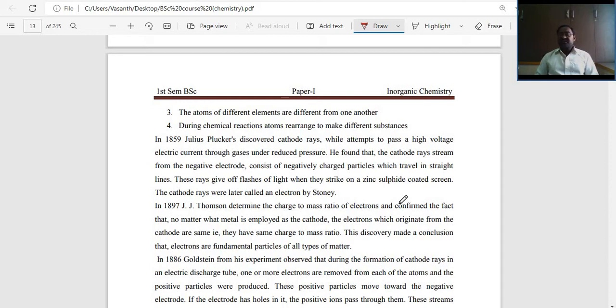During a chemical reaction, atoms are rearranged to make different substances. Finally, during a chemical reaction, atoms can neither be created nor destroyed.